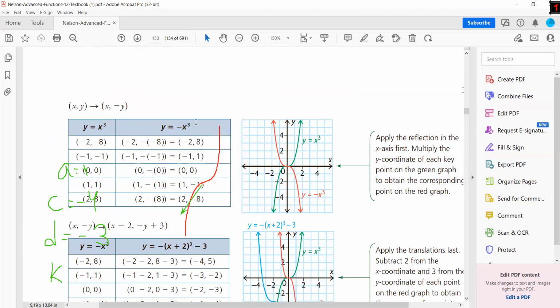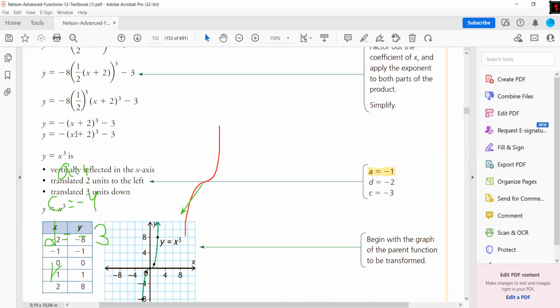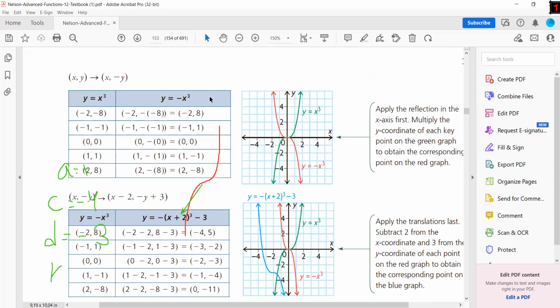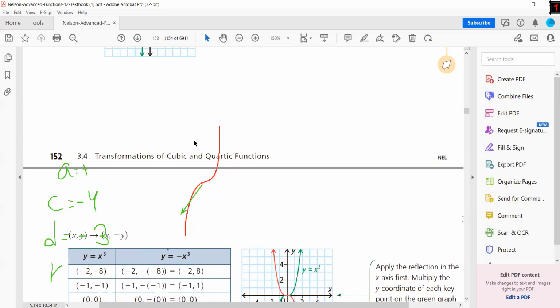In a particular case when we have a equals -1, it affects the y coordinates, so we multiply y, and k affects the x value, right?